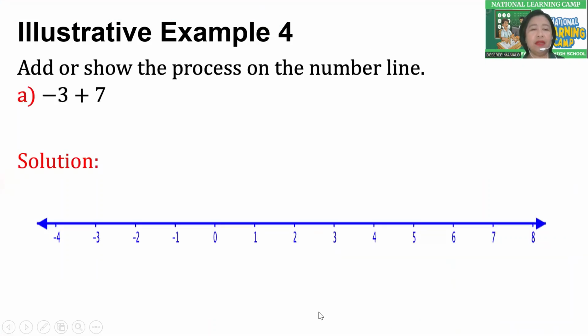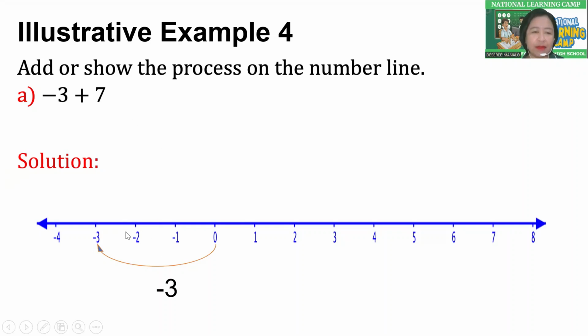Okay, for the number line, show the process of negative 3 plus 7. Start from 0, negative 3, so 3 units to the left.